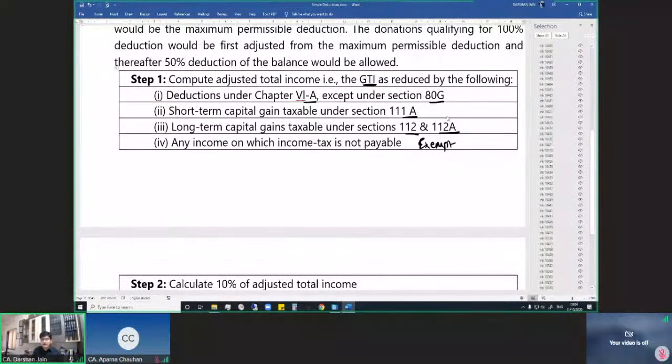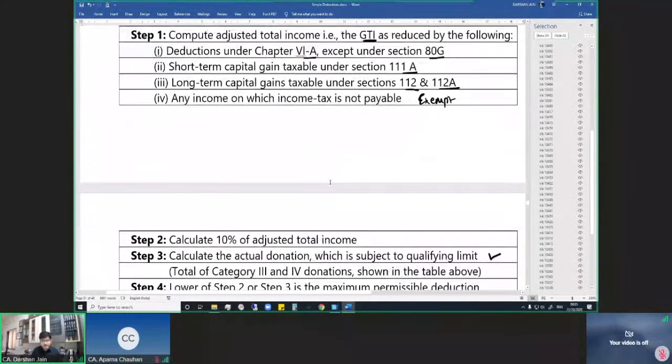See, only the short-term capital gain which is subjected to special rate has to be reduced, and not all short-term capital gain. So only that short-term capital gain which is covered by 111A in respect of shares and securities, subjected to STT, has to be reduced while you compute the adjusted gross total income. Not everything.